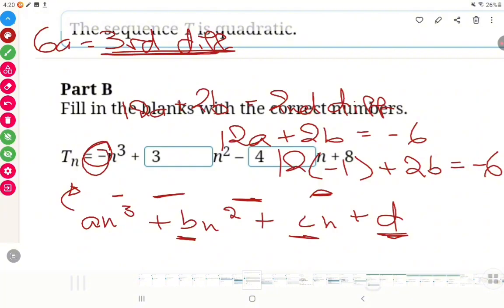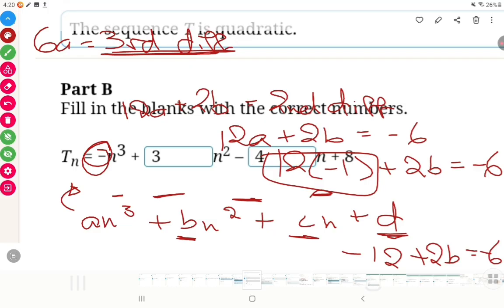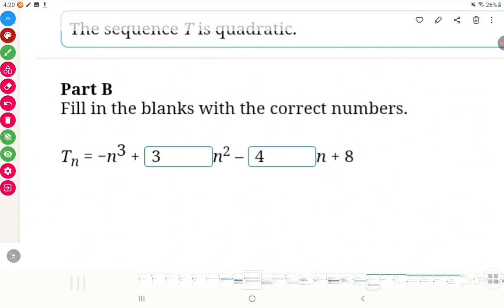You would get the same thing. So 12 times negative 1 is negative 12, plus 2b is equal to negative 6. Negative 6 plus 12 is 6. So 2b is equal to 6, and 6 divided by 2 is 3, so b is equal to 3.